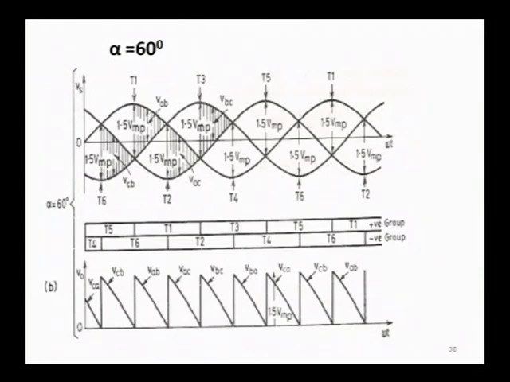You can see for alpha equal to 60 degrees, in the diagram shown, T1, T3, T5, alpha is measured from this point, so this plus this is 60 degrees, 30 plus 30, right? So 60 plus 30 is 90 degrees, less 30, this is alpha equal to 60 degrees. So the output waveform is shown here.